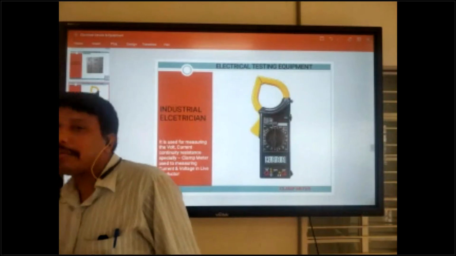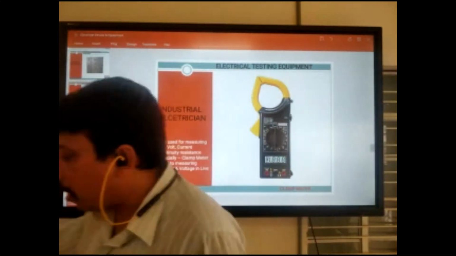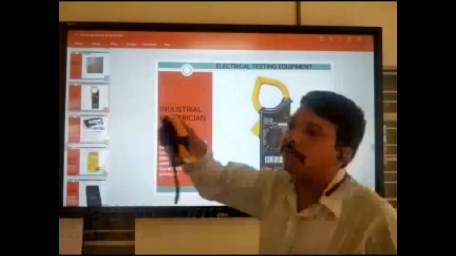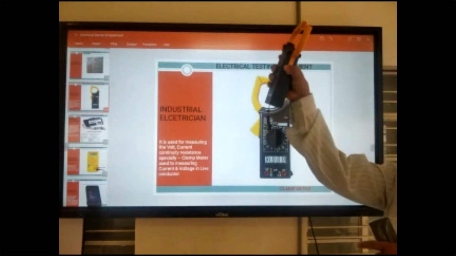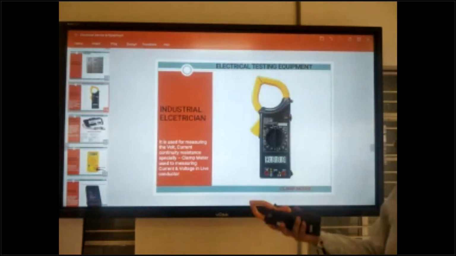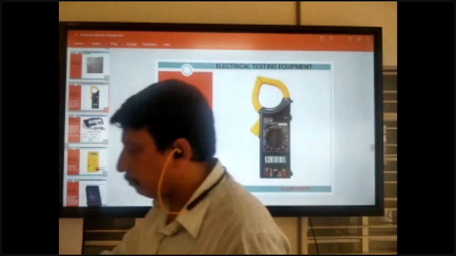The clamp meter has a CT transformer system, so we can hang it on the conductor and measure. This is finished.